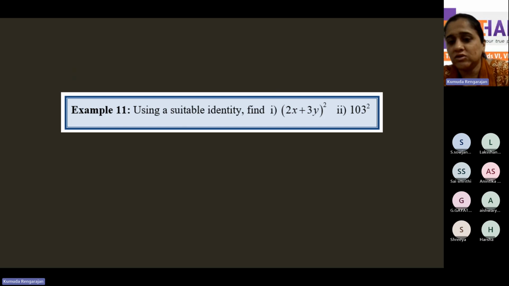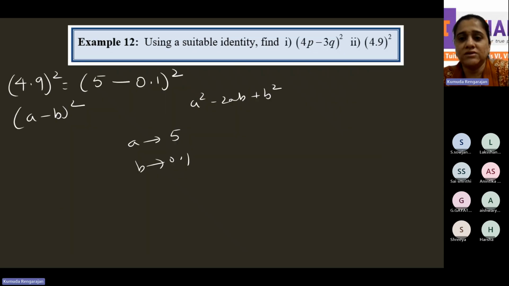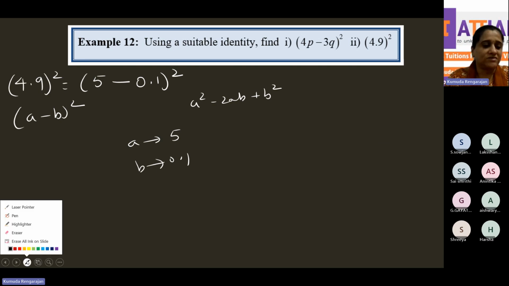So you can see one algebraic form and one numerical form. One is algebraic expansion like (2x plus 3y) the whole square, the other is numerical, 103 the whole square. Then in example 12, that was example 11.